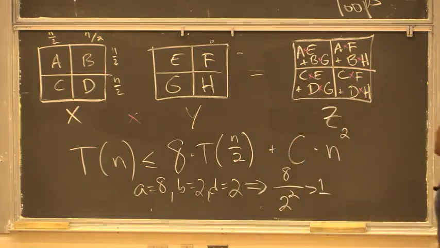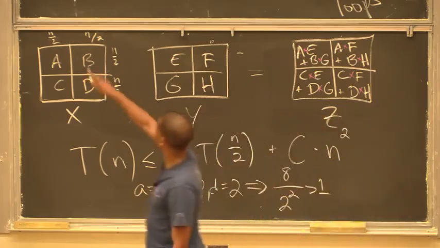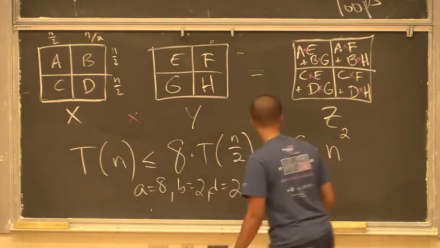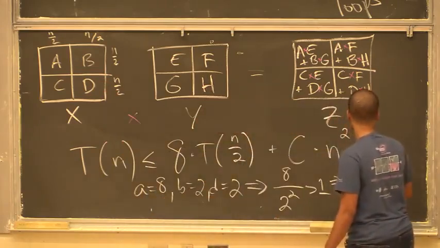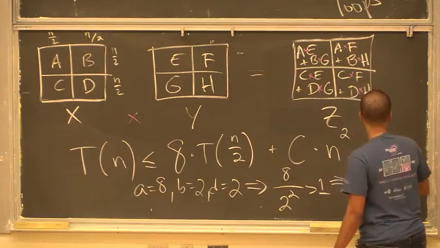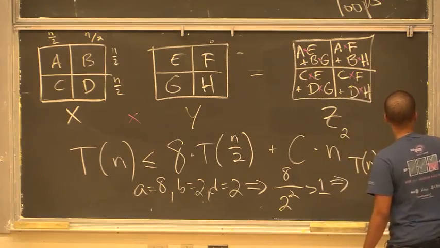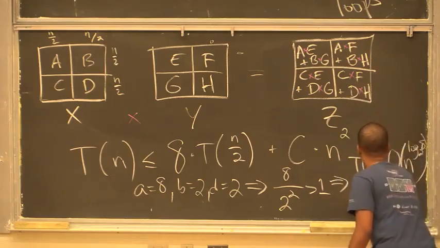Right? So we have that our runtime is n to the log base b of a, which is n to the log base 2 of 8. So this implies T of n is big O of n to the log base 2 of 8, which is n cubed.